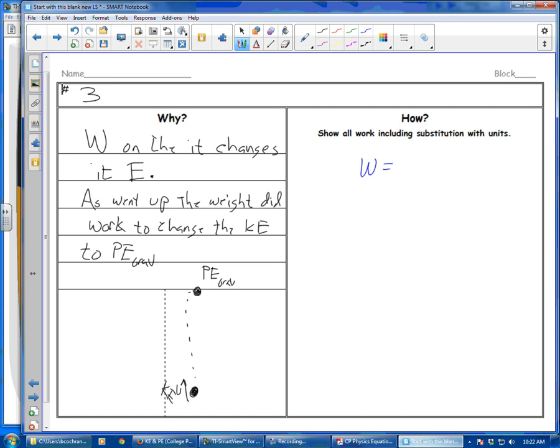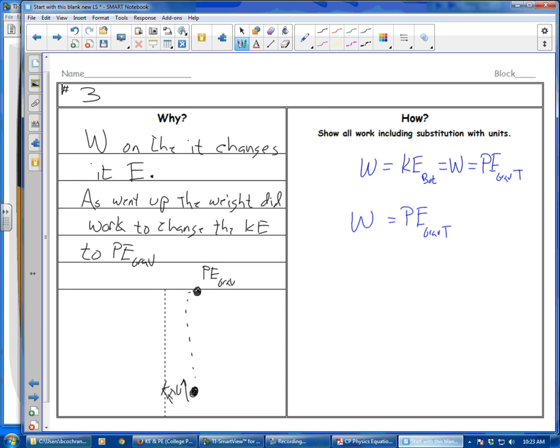That gives it kinetic energy that it had at the bottom. And then work is done on it again, which takes that kinetic energy and changes it to PE grav at the top. So whatever work is done on it is going to eventually be the same as the PE gravitationally it has at the top.